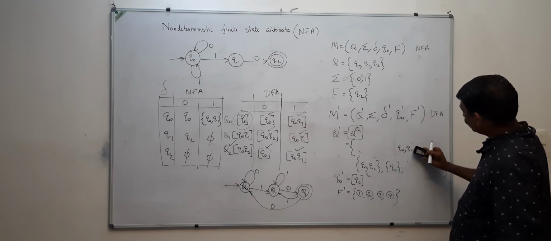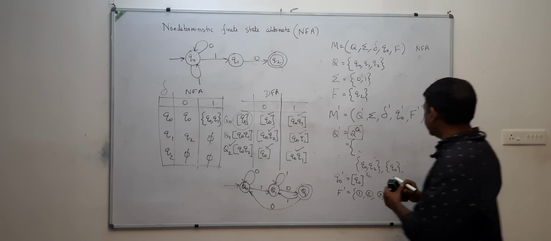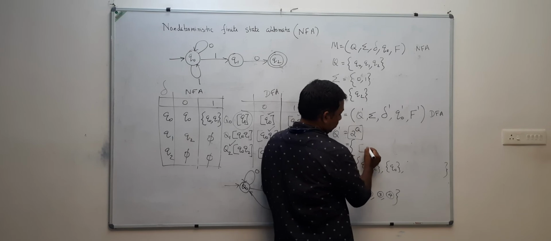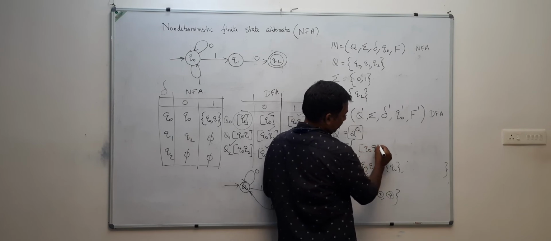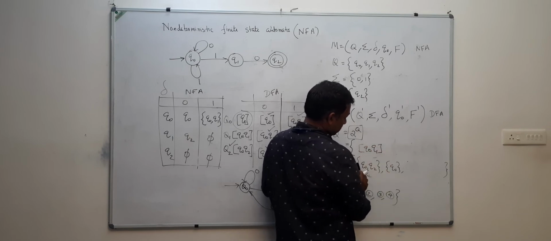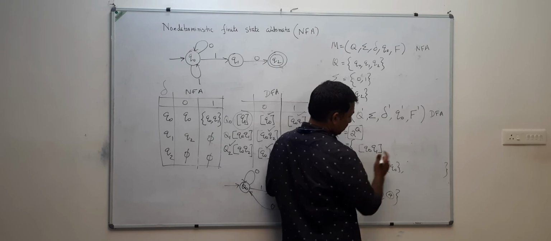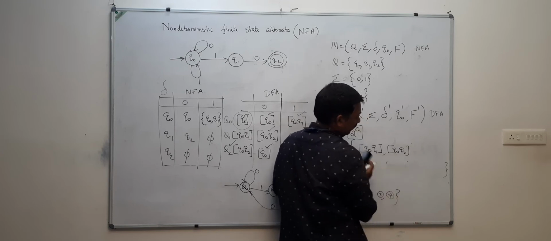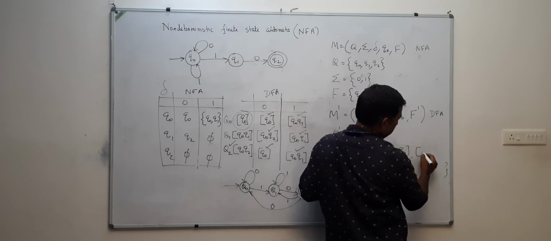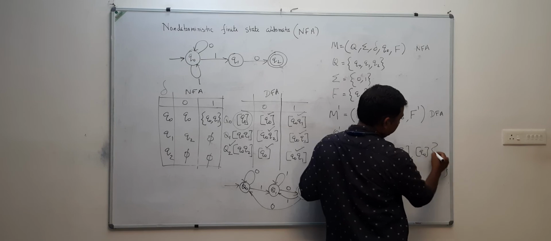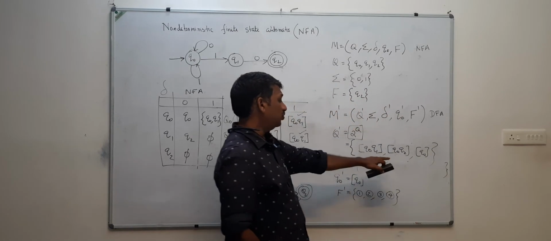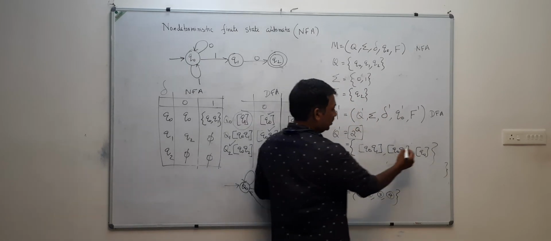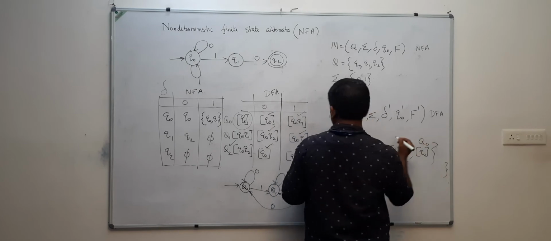The set Q0 Q1 is defined as Q1, this Q0 Q2 is Q2, and this Q0 is Q0. These are the new states, and Q0 is represented by Q0 in our diagram.